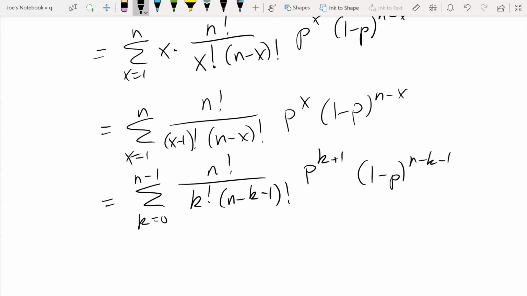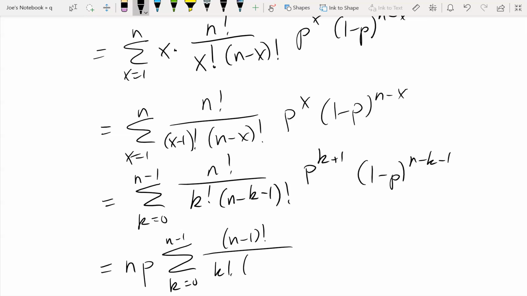So what we're going to do is take an n out in front, take a p out in front, which leaves us with this big fraction. And I'm going to rearrange the exponent in that last one to n minus 1 minus k.